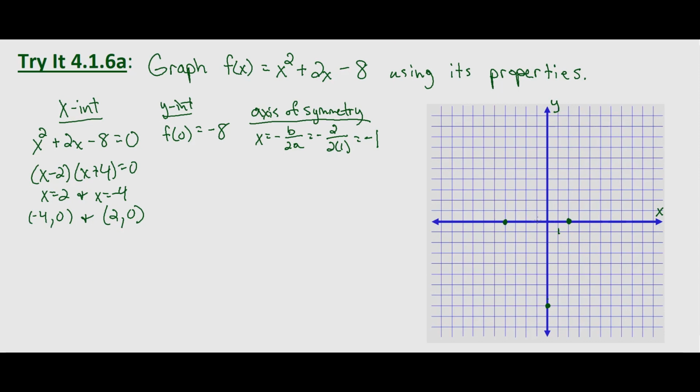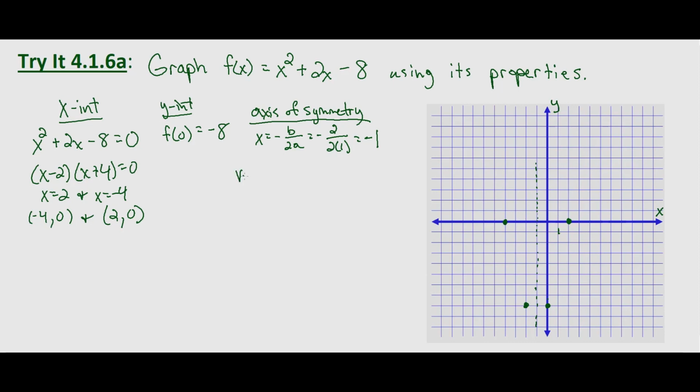There's an invisible axis of symmetry here. That also automatically gives us the other point at x equals negative 2. It's going to be negative 8 as well, and the reason for that is because that's the axis of symmetry. If you'll notice, the x-intercepts are evenly split as well from that axis of symmetry, 3 units each.